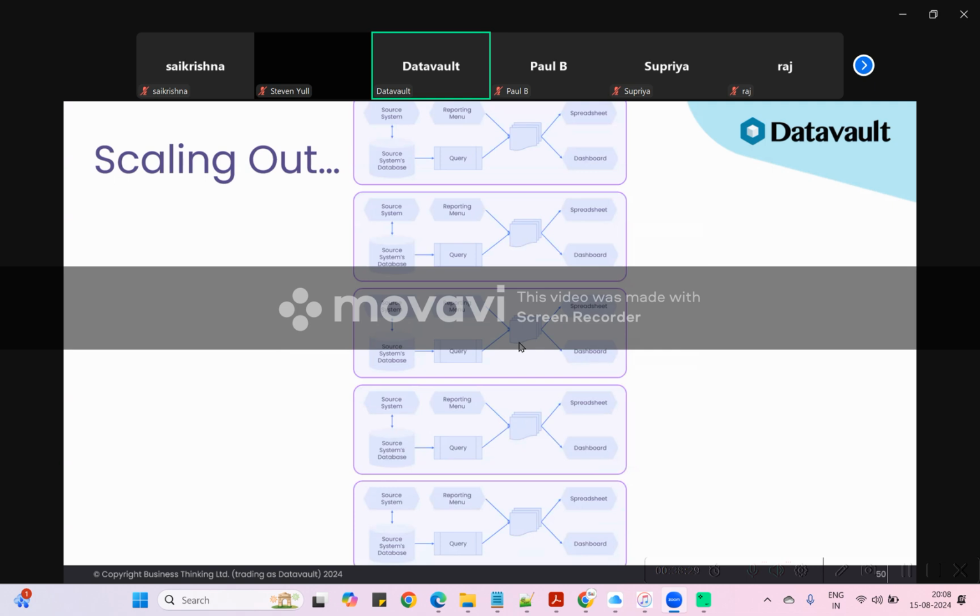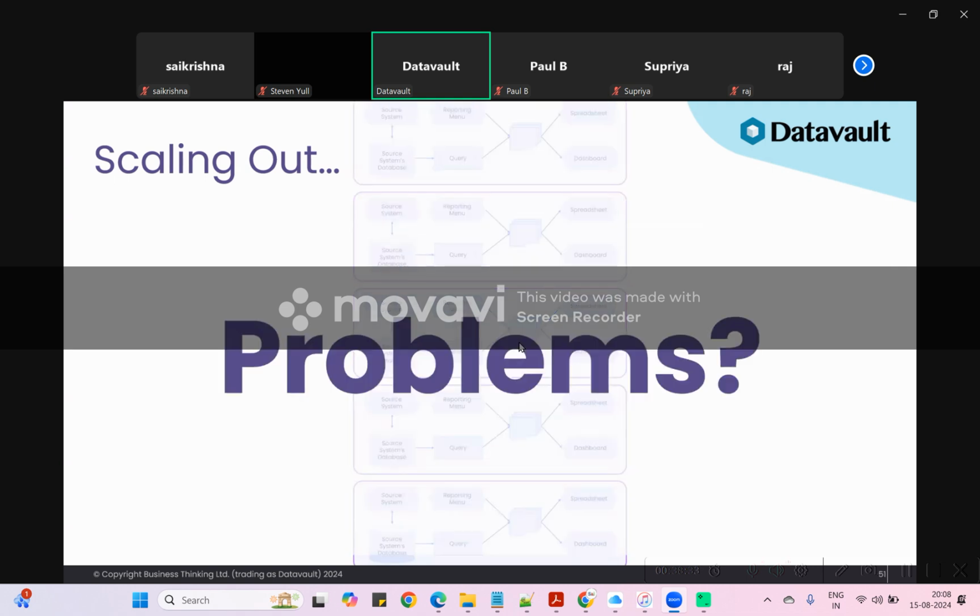Okay, so this is okay, but there are problems with this. The problems really are to do with scale. If I keep adding to the list here, I end up with a bit of a code maintenance nightmare. Because you're going to have some common code across multiple reports, particularly if you're querying and processing some data in a consistent way.